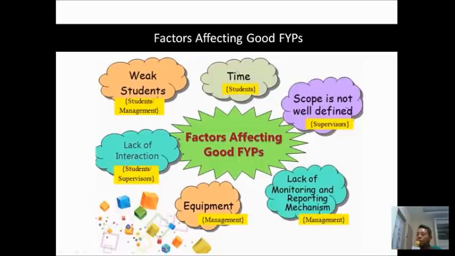And then in terms of time, the student himself. And then in terms of the scope not being well defined, maybe the supervisor must really define the scope carefully so that the student can complete the FYP project within the time given.